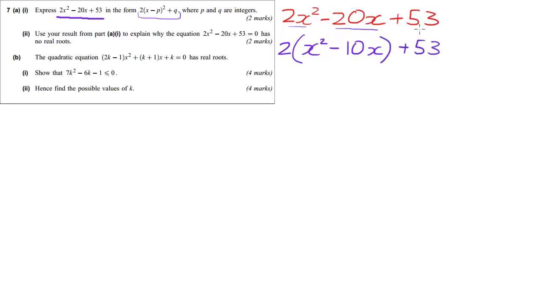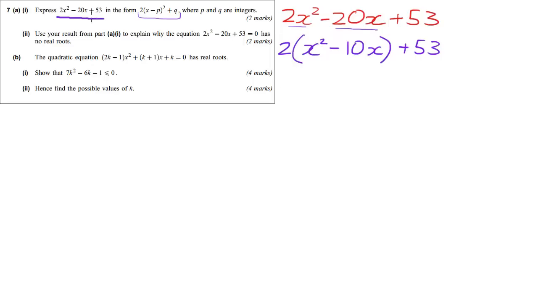We're going to leave that 53 alone for the first few steps, because it's much easier to deal with this system when it's only a single x squared. So if you can take out any multiple of that you might have, then it's much easier.